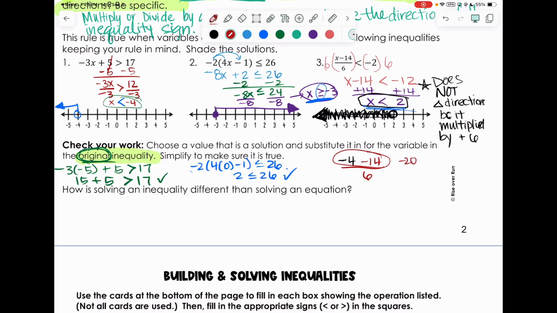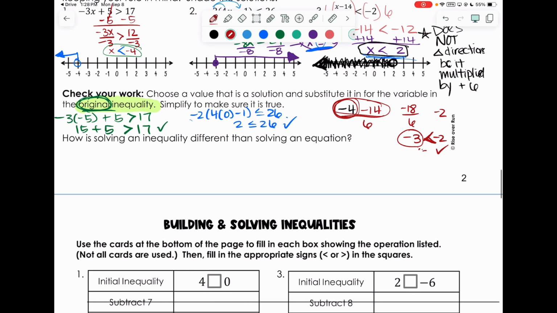What is it? I worry for you guys. Divide by 6, what do you get? Because I get a whole number, I wanted to find an x value that's going to get me a whole number. So I was trying to think ahead, okay? Is this number greater or less than 2? Less than. That's true, so we're good.